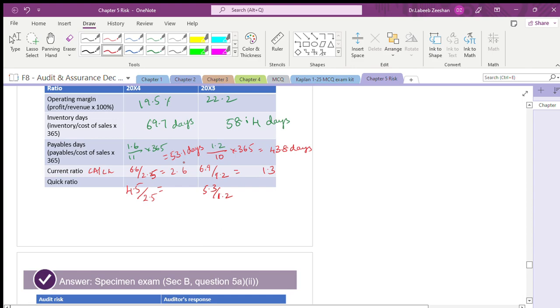Again, this will also change. It will be 5.75.